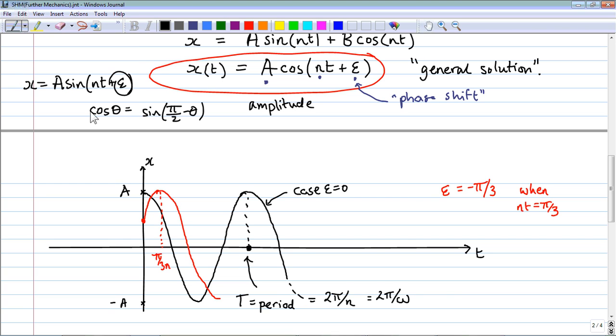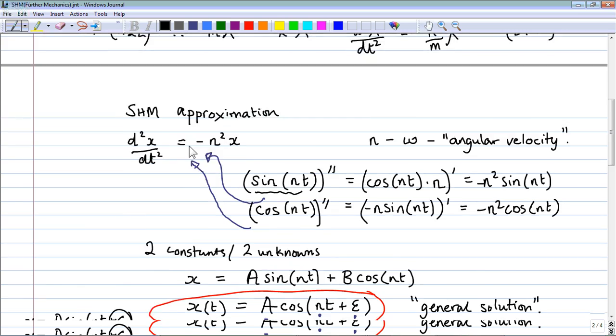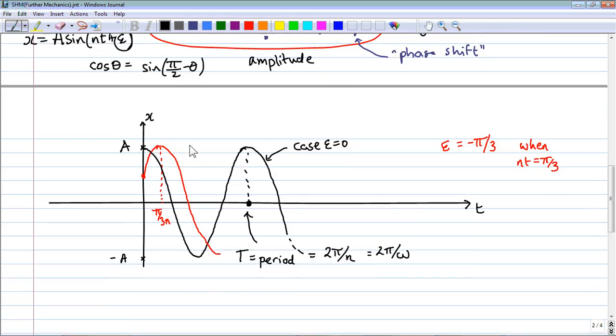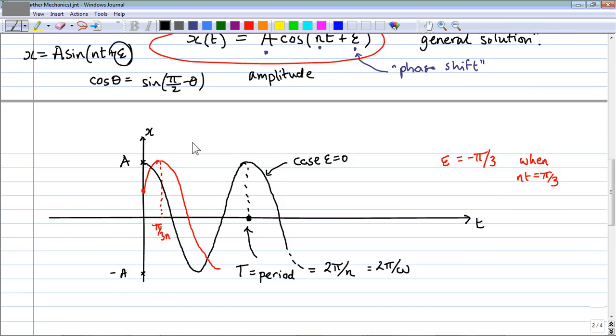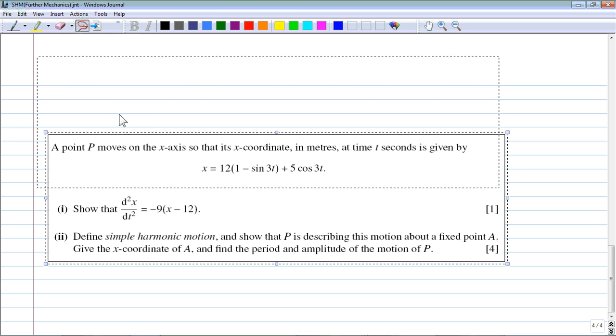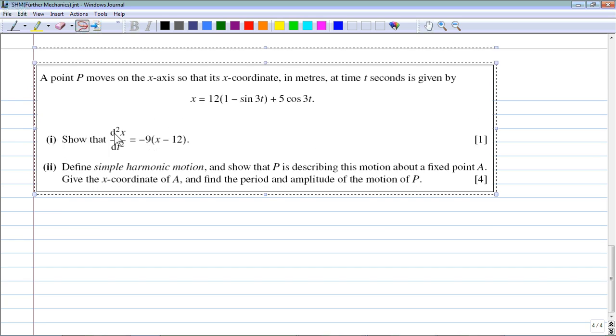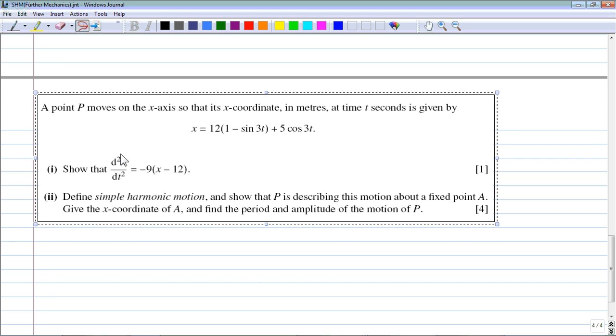Now I think what I've told you is more than enough to at least understand the basic principle. So here's a question that discusses the basic principle. Here we go. A point P moves on... Now this, by the way, is a real exam question from maybe 2003.